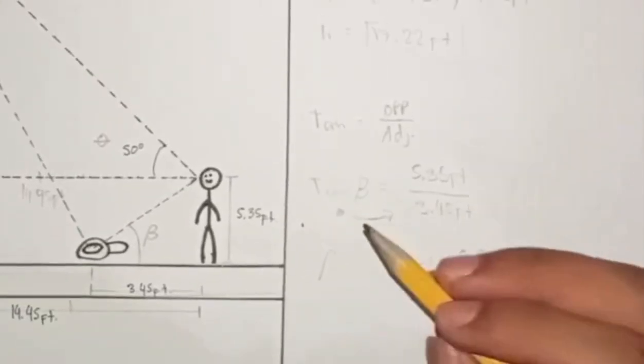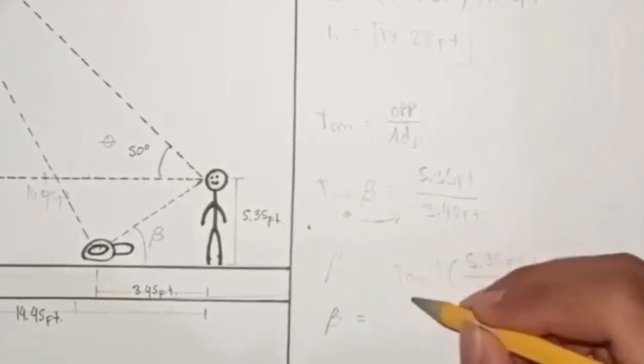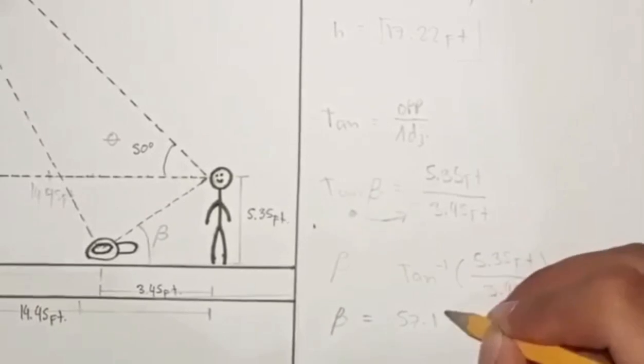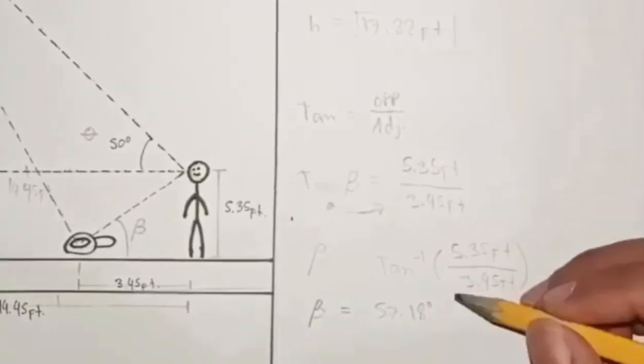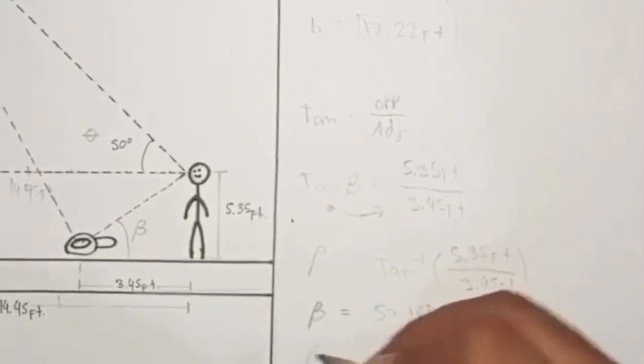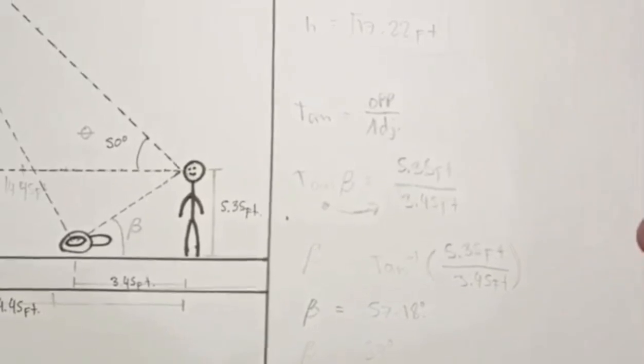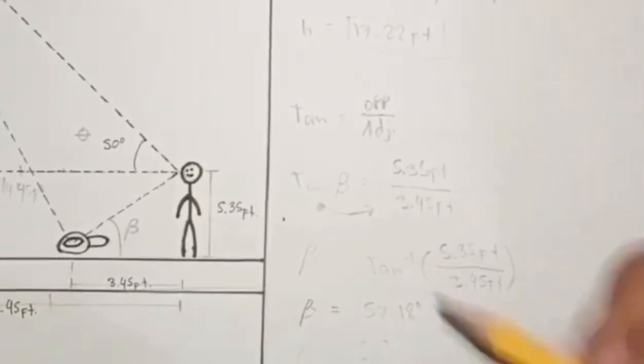If we solve it, we get beta is equal to 57.18 degrees. If we round off the answer, we get 57 degrees. So, we got the angle beta, which is 57 degrees.